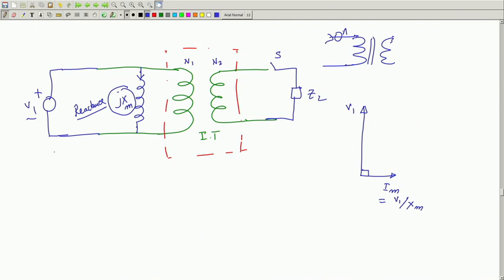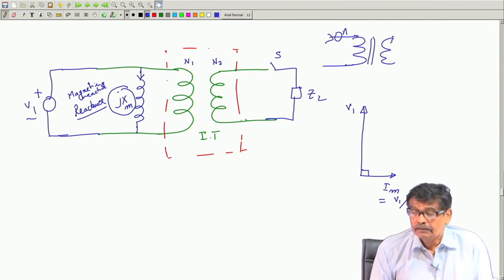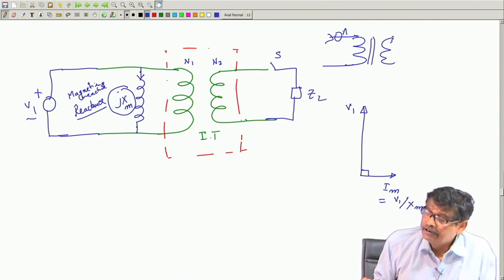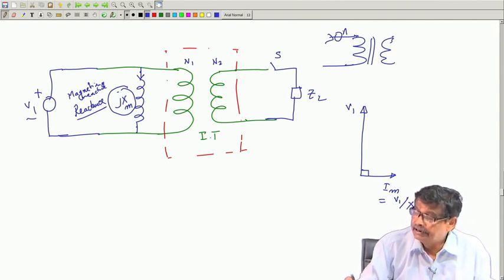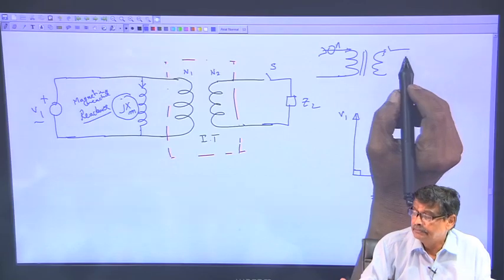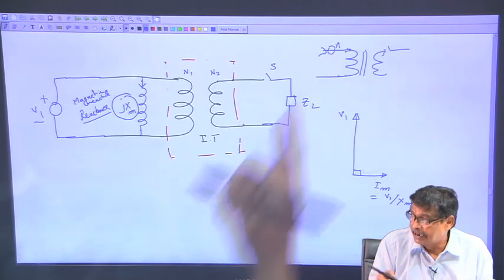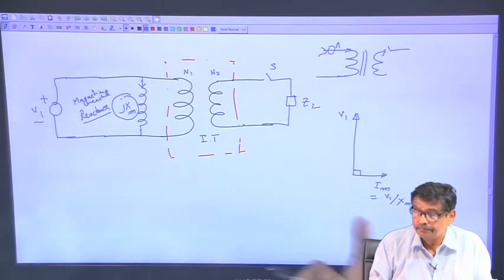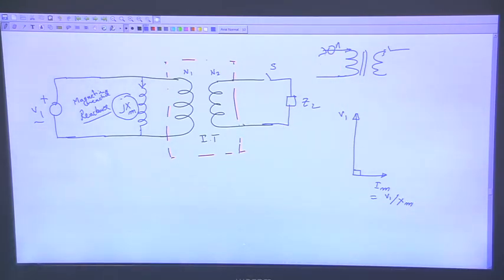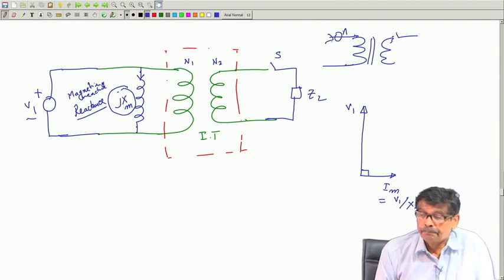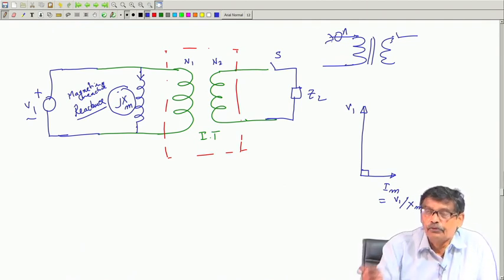So, Xm is called the magnetizing reactance. Therefore, how do I find that out? With S opened in a practical transformer, measure Im; V1 by Im gives you the value of Xm, and I write it like this, with S opened.